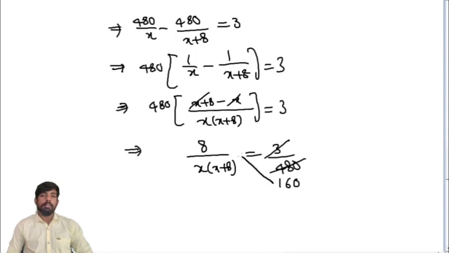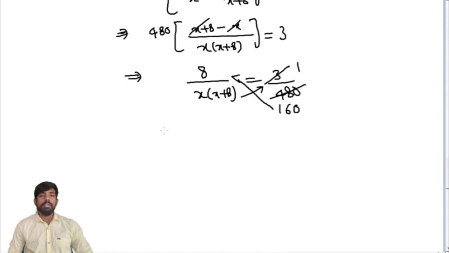Now cross multiplication. 1 remains here, so 8 into 160 is equal to 1 into x into x plus 8.